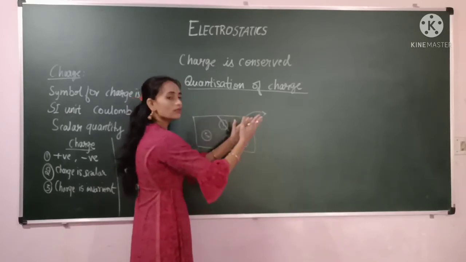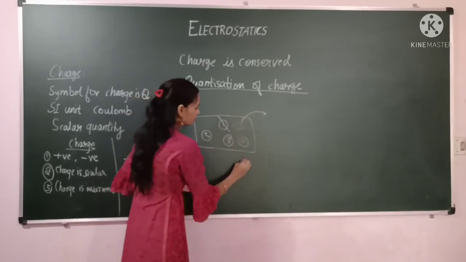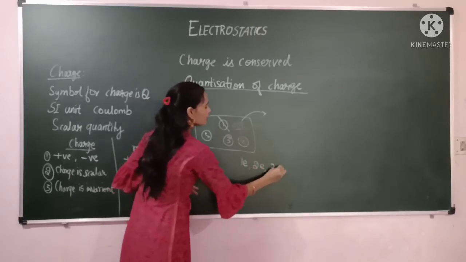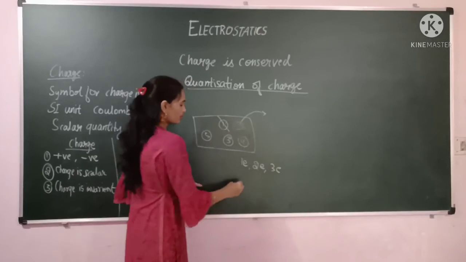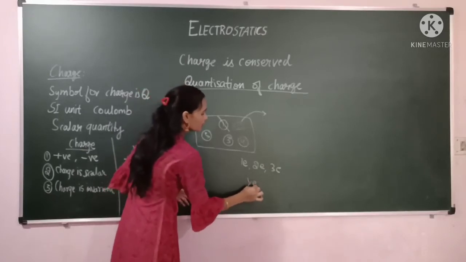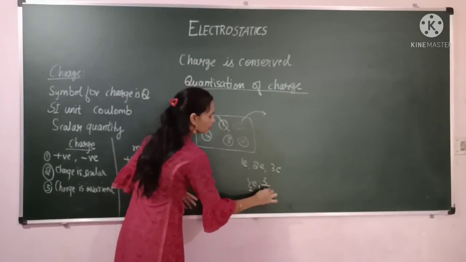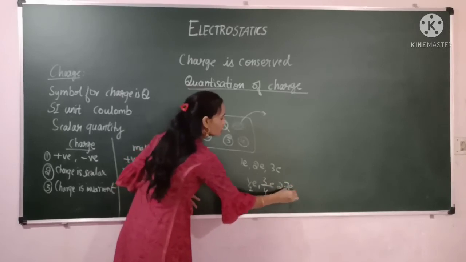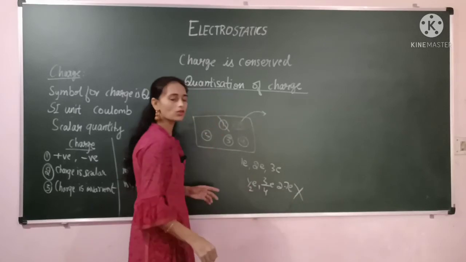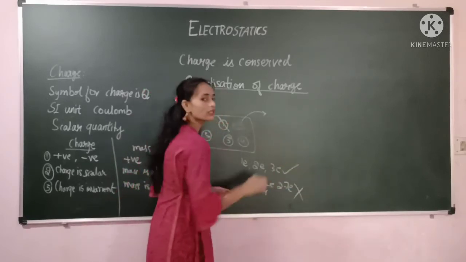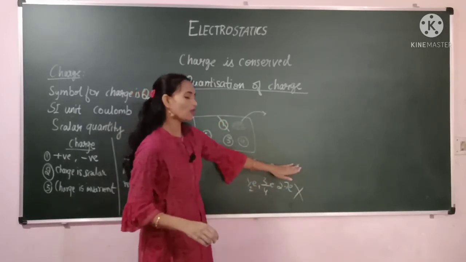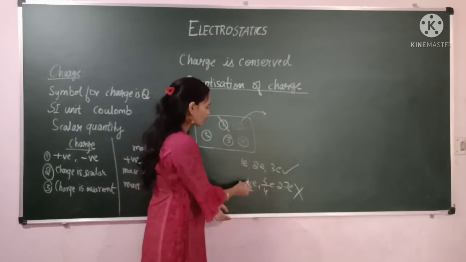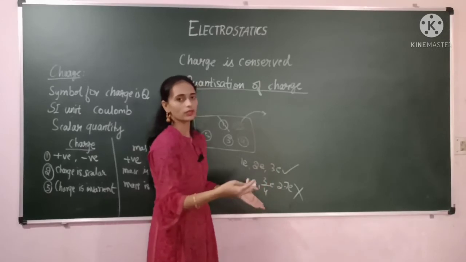It is always transferred in integral multiples, meaning 1 electron, 2 electrons, 3 electrons, like that we can transfer, but not 1/2 electron or 3/4 electron or 2.7 electrons. Only integer values can be transferred, but fractional values we cannot transfer.